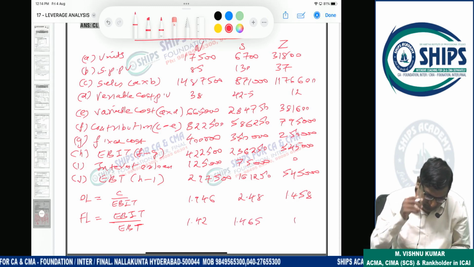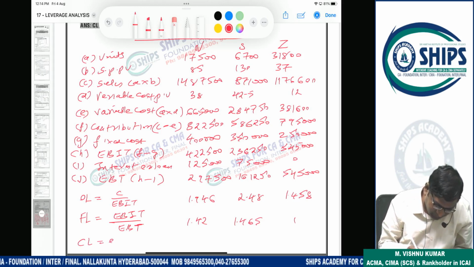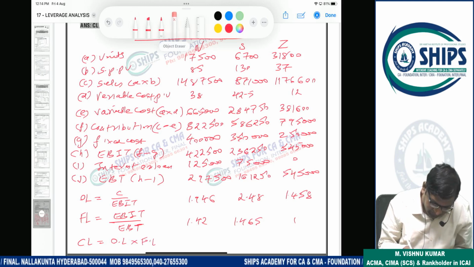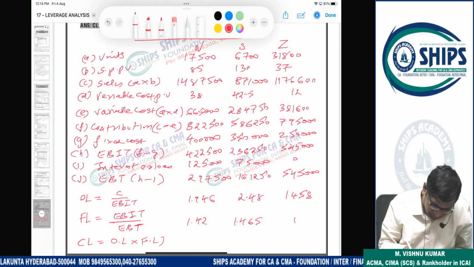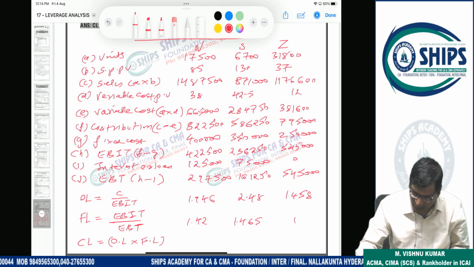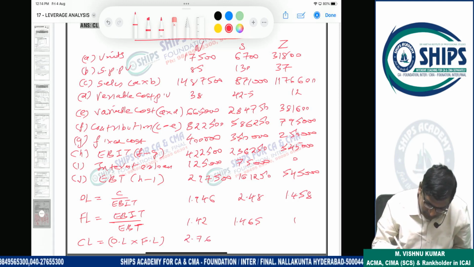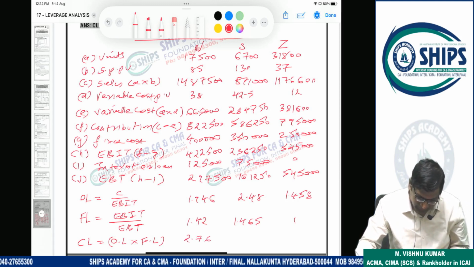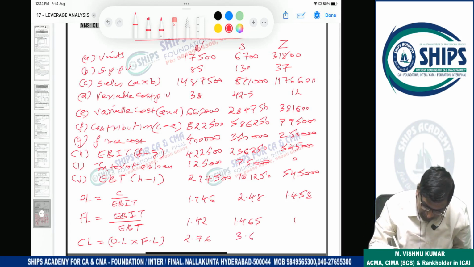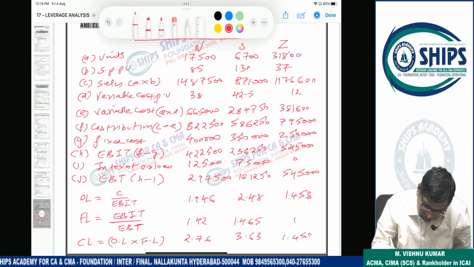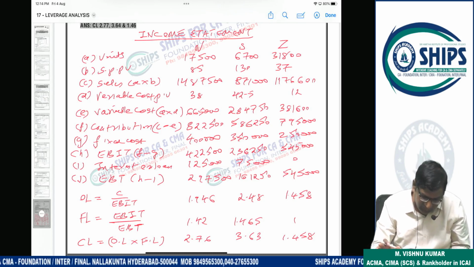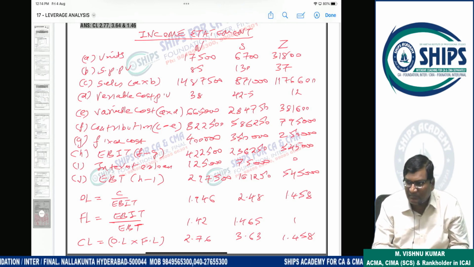Now combined leverage. Operating leverage into financial leverage. So 1.946 into 1.42. So 2.76. Right. Next 2.48 into 1.465, 3.6. Next 1.458 into 1, 1.458. Right, this is the answer.